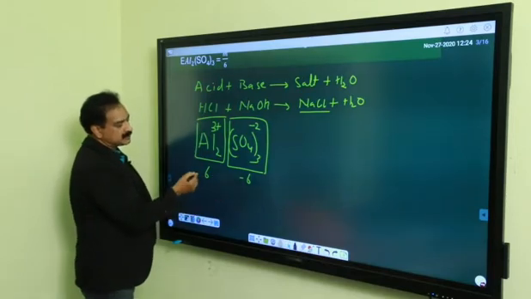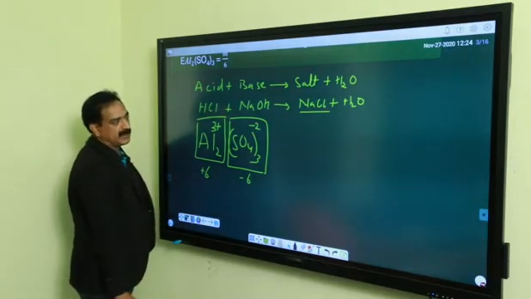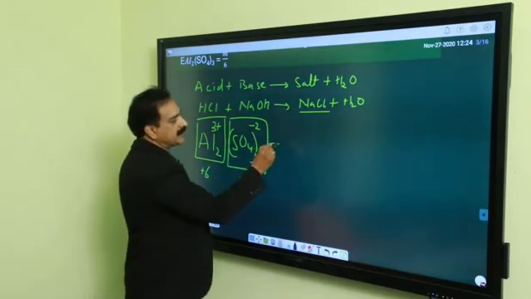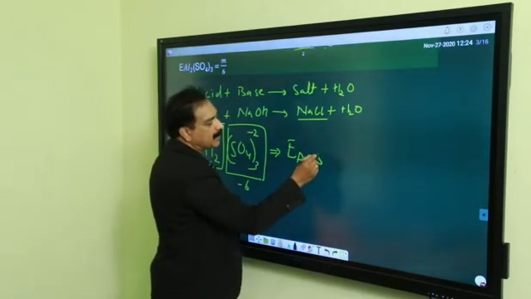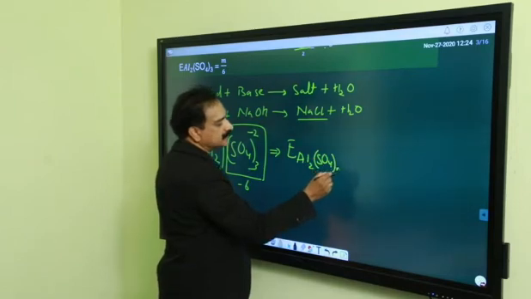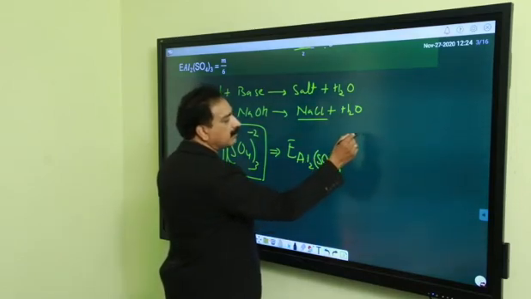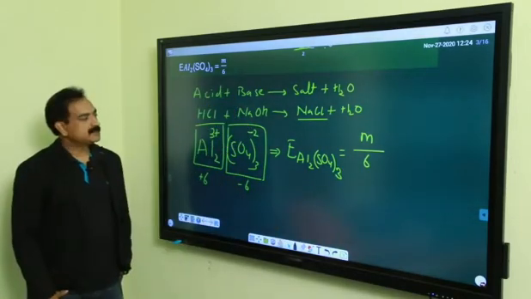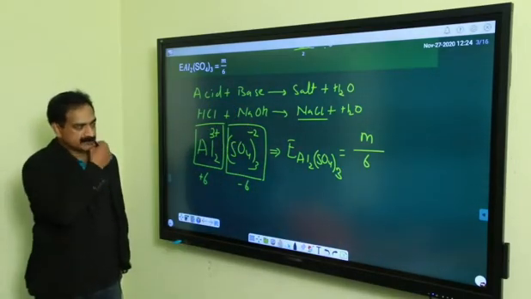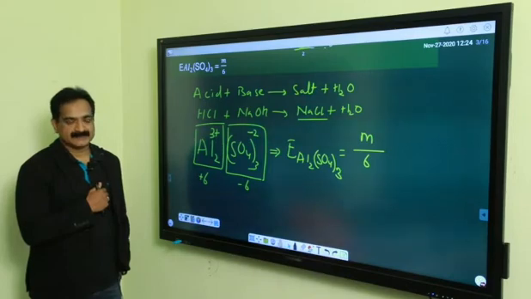So the total positive charge is 6 and the total negative charge is 6. What is the equivalent mass of aluminium sulfate? It is its molar mass divided by 6.